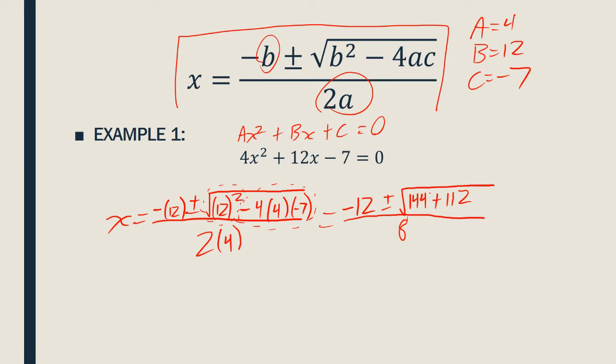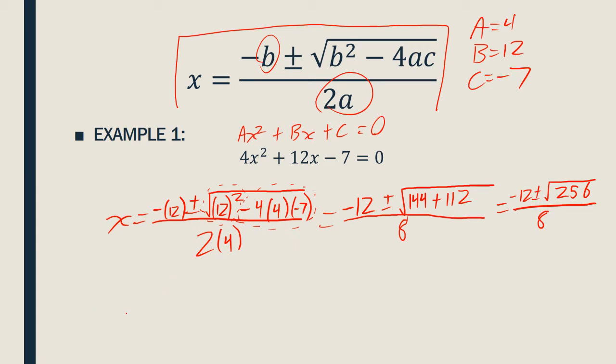Okay, well, I can simplify this. What's 144 plus 112? I'll do that in my handy-dandy calculator. 144 plus 112. I have negative 12 plus or minus the square root of, that's 256, all divided by 8. Now in my calculator, I'm going to take the square root of 256.